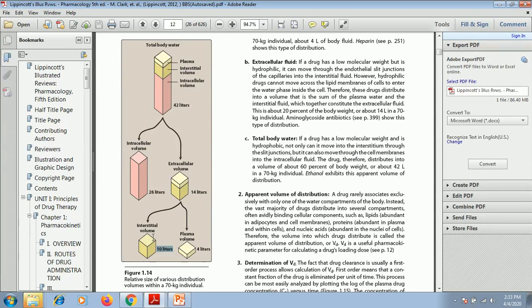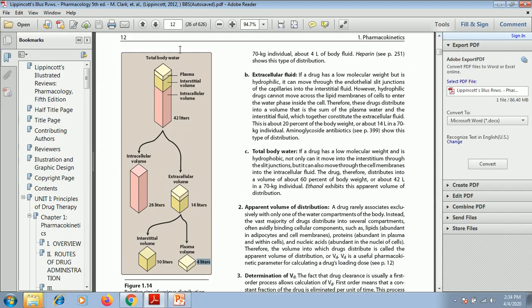Number one is the interstitial volume. Interstitium is between the cell and the blood vessel. It is almost 10 or 11 liters, while the plasma volume is 3 to 4 liters. It varies according to the person, and this volume is for a 70 kg man. So what is volume of distribution?